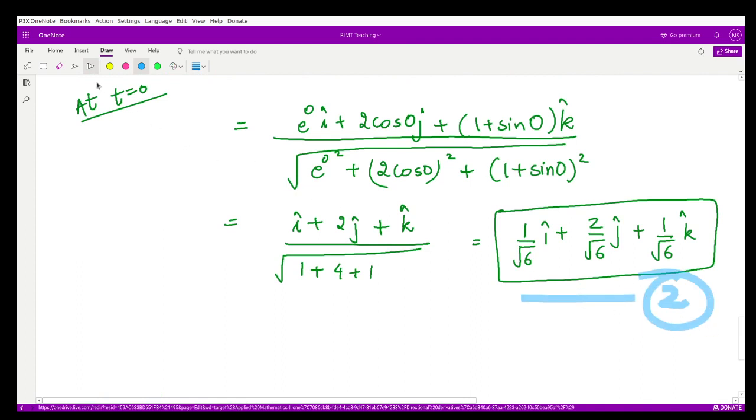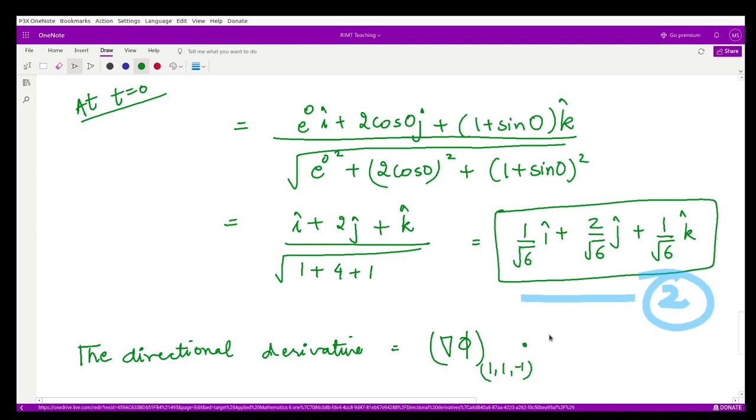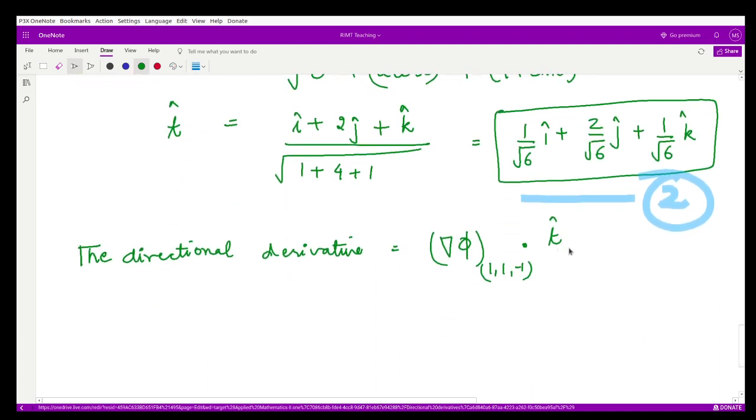So for this, let me write down the directional derivative that would be equal to taking the gradient of phi at the point 1, 1, minus 1 dot product with this vector t cap, which I have defined to be this t cap. Okay, the unit vector in the direction of the given tangent.